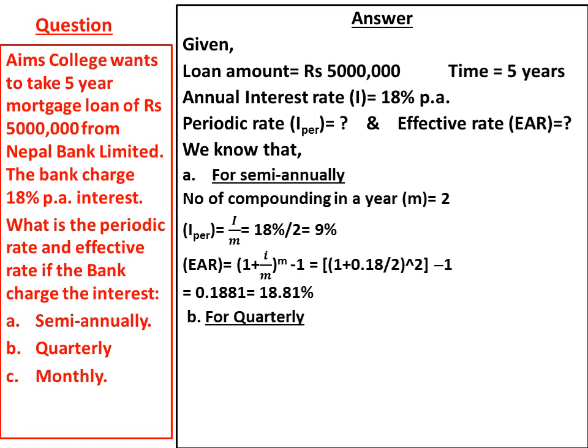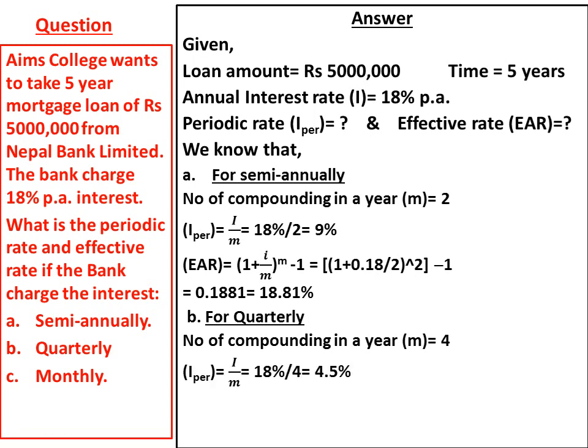For quarterly, the number of compounding in a year, m equals what? The number of compounding in a year, m equals 4. So I per equals I upon m, that is 18 divided by 4 equals 4.5, and the EAR equals 1 plus I upon m to the power m minus 1.